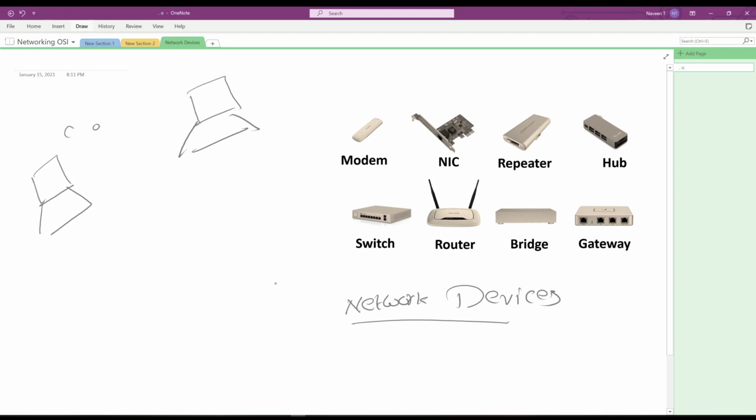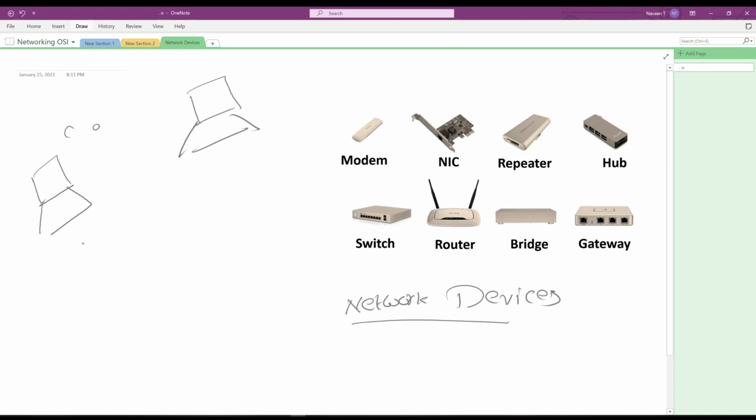These network devices are used to create a topology, to connect different systems, and to connect different networks. So all these things are connected through these network devices.